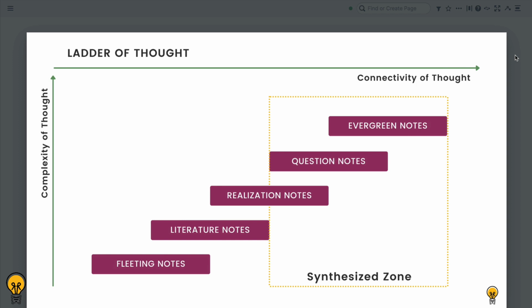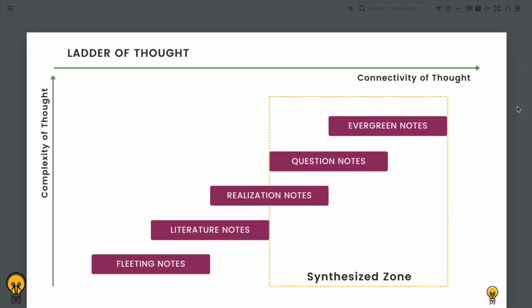As you work through these different note types, you are stepping up through the complexity of your thought. So these are more simple thoughts and these are more complex thoughts. And you are going deeper into your connectivity of thought.